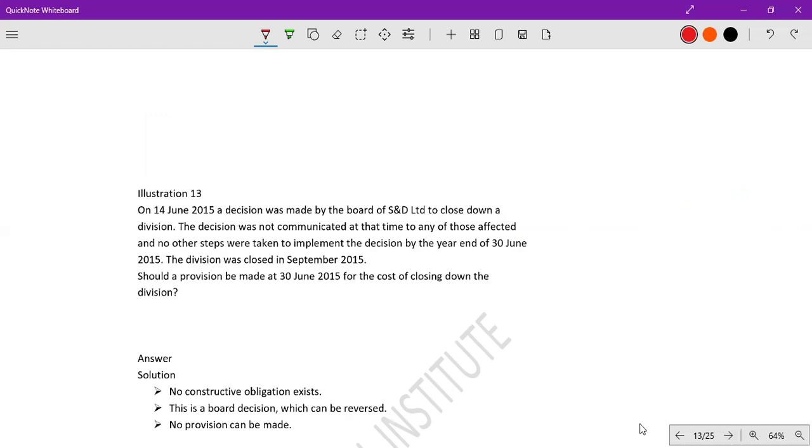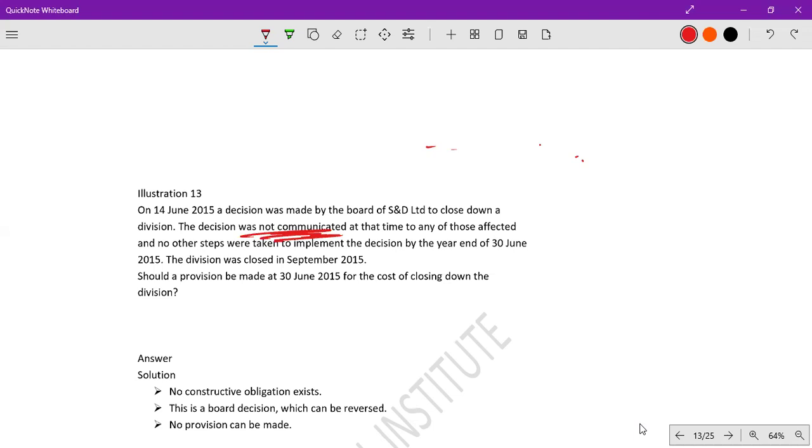So let's take illustration number 13. On 14th June 2015, a decision was made by the board of S&D to close down a division. The decision was not communicated. One of the conditions is that there must be a formal plan, and it must be communicated to the affected persons. If it is not communicated, provision can never be recognized.